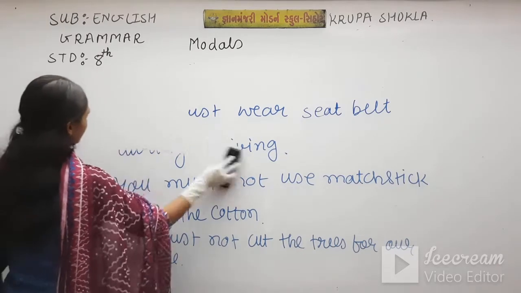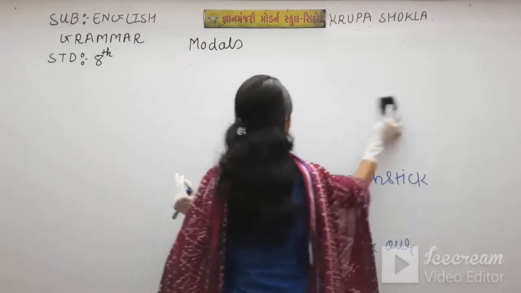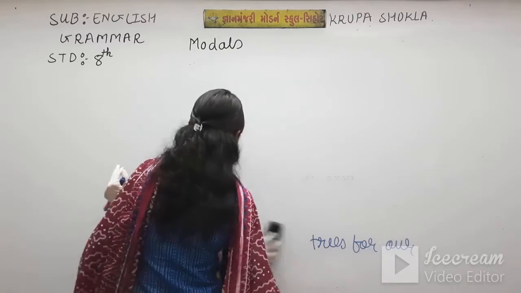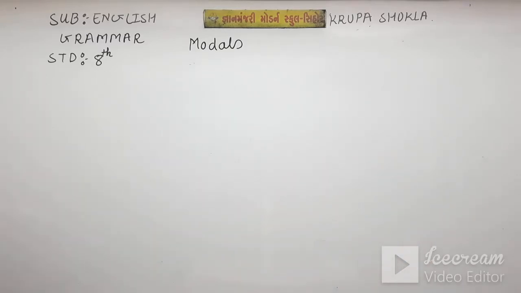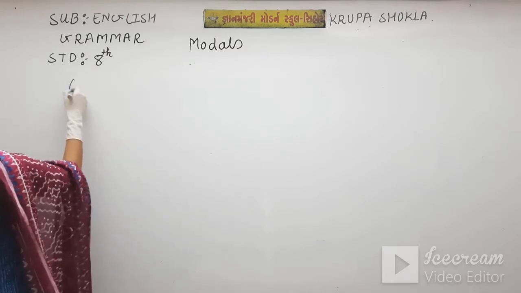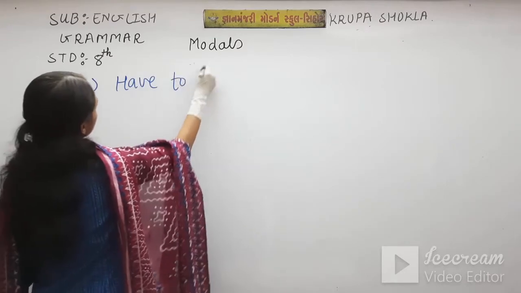The next modal auxiliary is have to. Number 7 is have to, or you can use has to even.